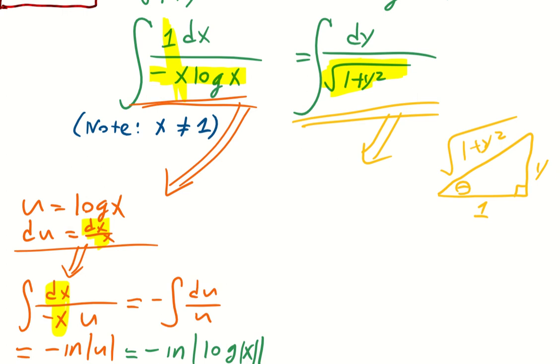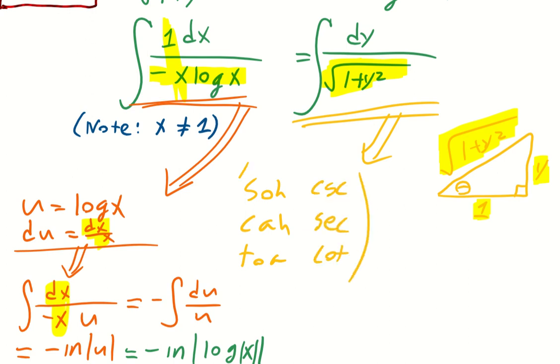For example, if we were only given this side y and this side 1, and we had to solve for the hypotenuse, we would get this expression, the square root of the quantity 1 plus y squared. So it's good. And let's also note, because this is a trigonometric substitution, SOH CAH TOA, cosecant, secant, cotangent. To this day, I still write that down.